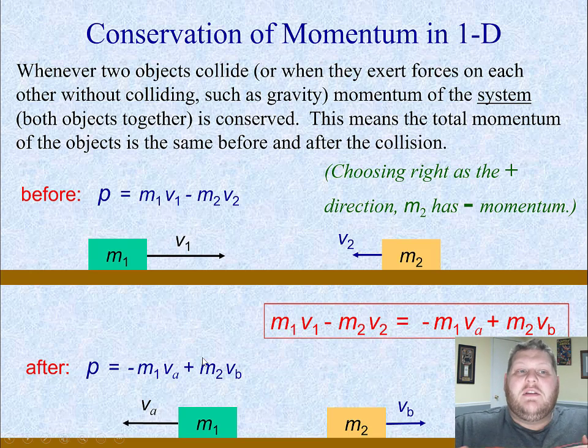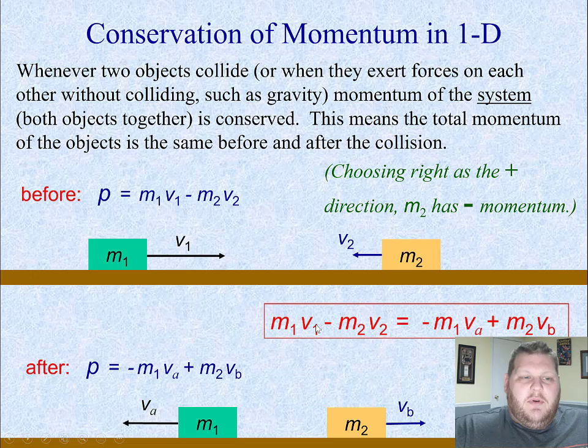Because we know the total momentum is conserved, my momentum before and my momentum afterwards have to be equal to each other. That's the equation we're going to be utilizing for most, if not all, of these problems. There are some adjustments we'll have to make to this, which we'll look at a little later and on our collisions worksheet that we'll be working on tomorrow.